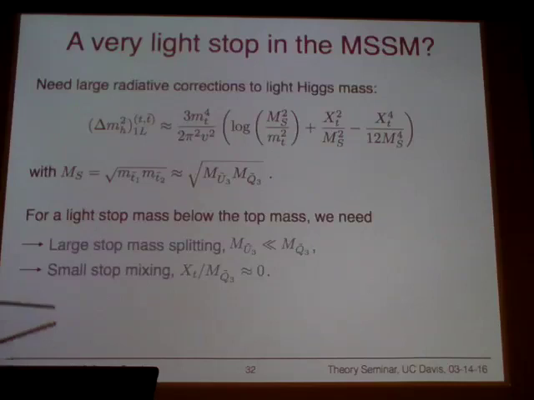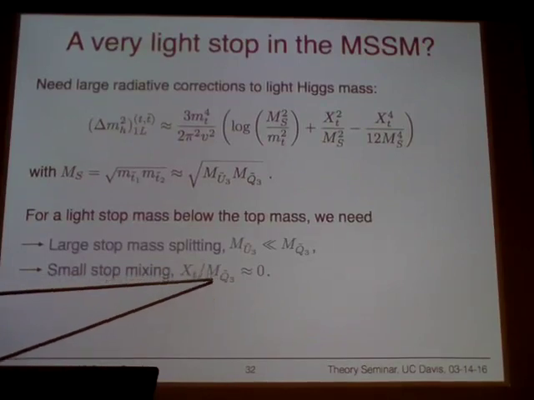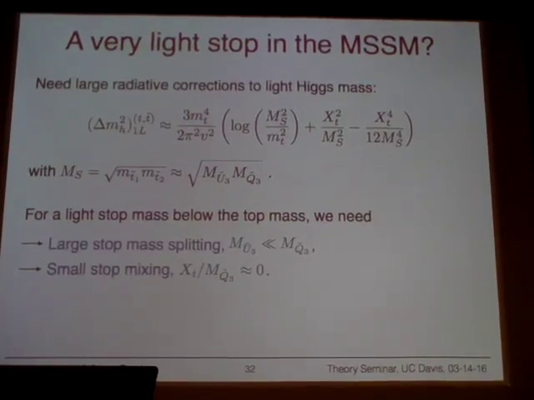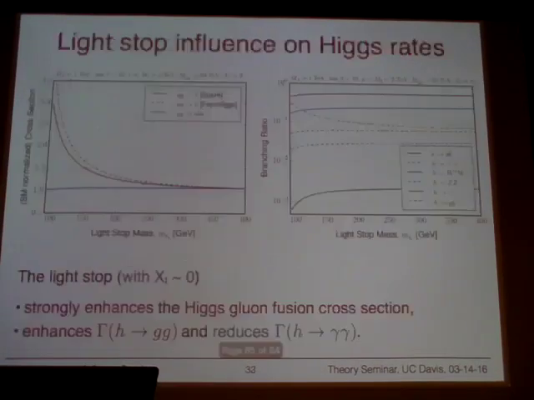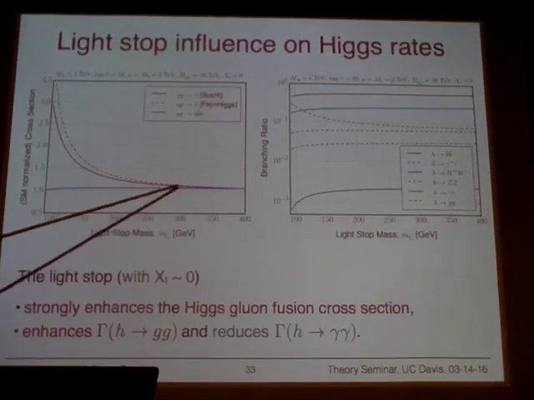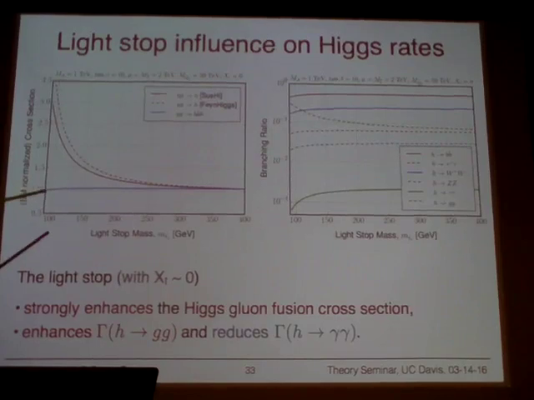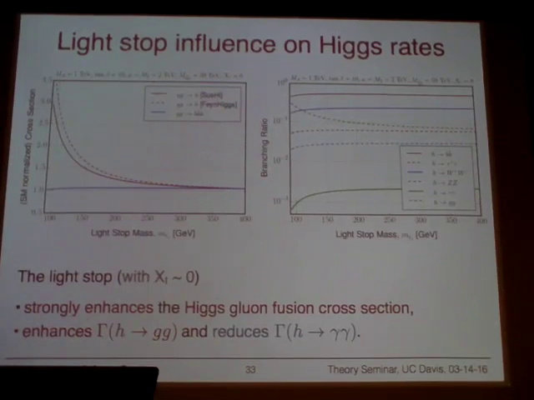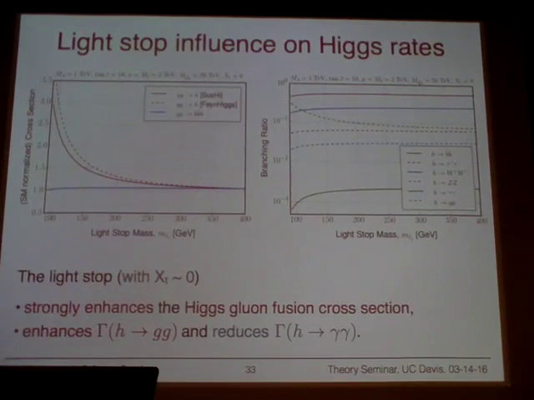At the same time, you will also obtain very small stop mixing, which is just governed by this expression. If this is very large, this goes to 0. And this has important implications for the Higgs phenomenology, because in this case, if you have a very light stop, you get a huge enhancement of the gluon fusion cross-section, where the stop is just running in the loop, and in the zero mixing case, you just get a positive contribution.